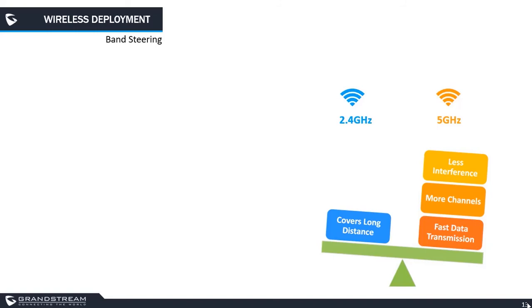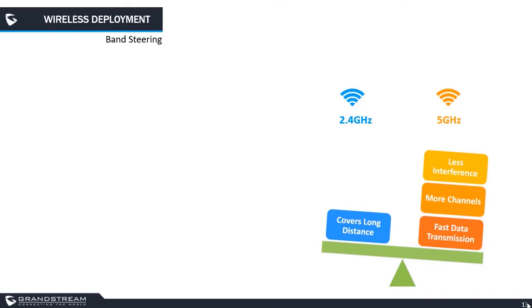But if you have video devices or video conferencing solutions, like the GXV 3300 or the GVC 3200, you definitely want to use 5 gigahertz because of the fast data transmission that 5 gigahertz provides, which is also required by video solutions.